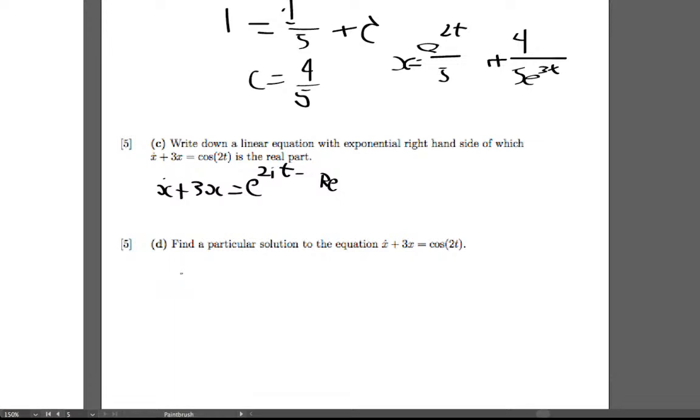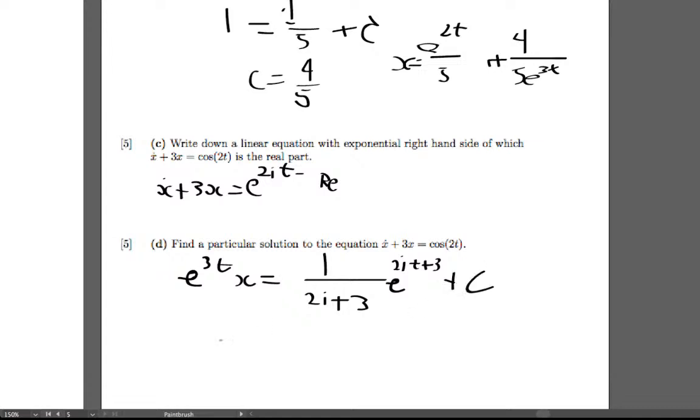So same stuff. e to the power of 3t of x would equal 1 over 2i plus 3 of e to the power of 2it, plus constant.